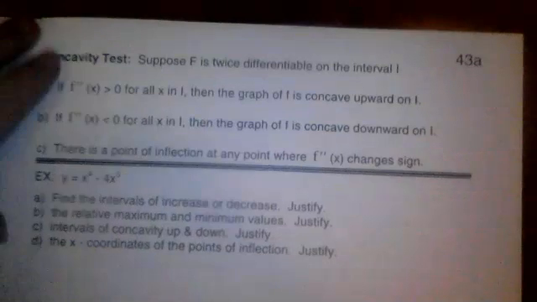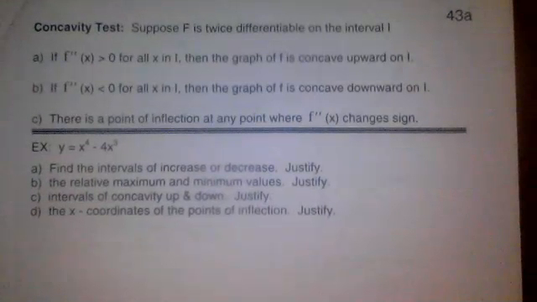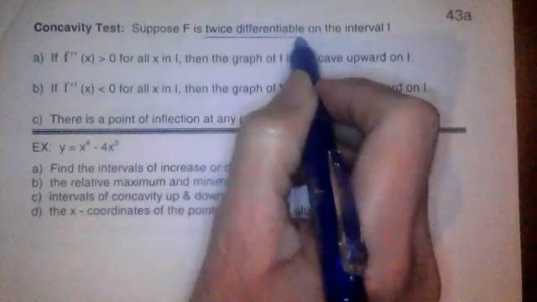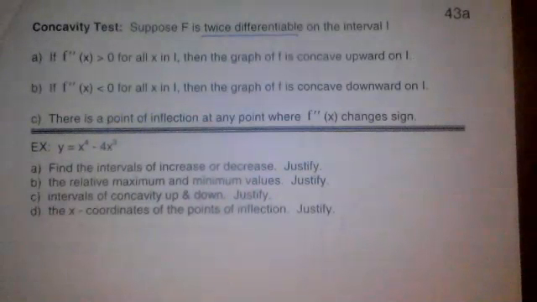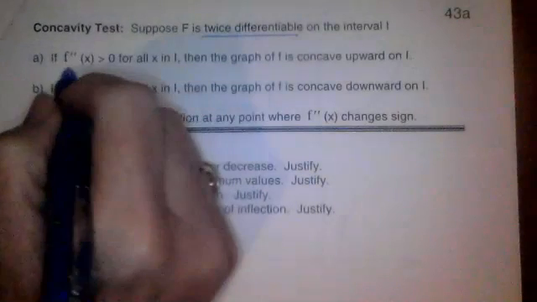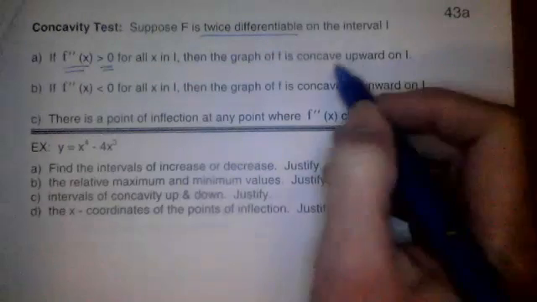So on the next page, they're going to explain to us how we're going to know, using our function, whether or not our graph is concave up or down. So here's what it says. We want to be able to take the derivative 2 times. The function must be twice differentiable in order for us to use the concavity test. And if our second derivative has a section where it is positive, then it's concave up.